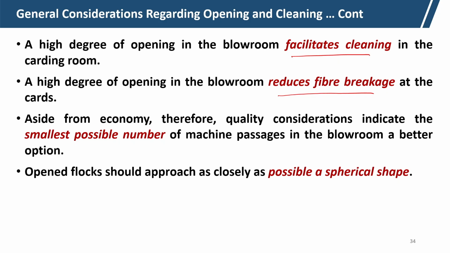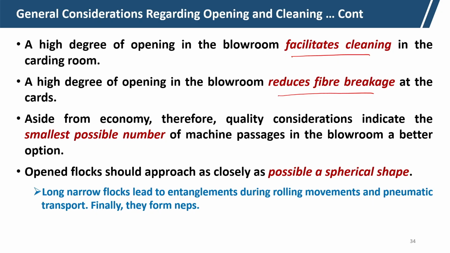open flock should approach as closely as possible the spherical shape, okay, because if it is spherical, that means there is no cluster. That will be the indication of proper opening. Narrow flock leads to entanglement during the roller movement. Okay. So, in narrow flat flock, pneumatic transport finally forms nap.